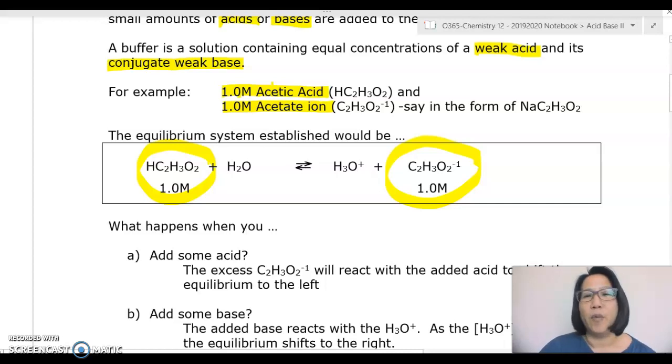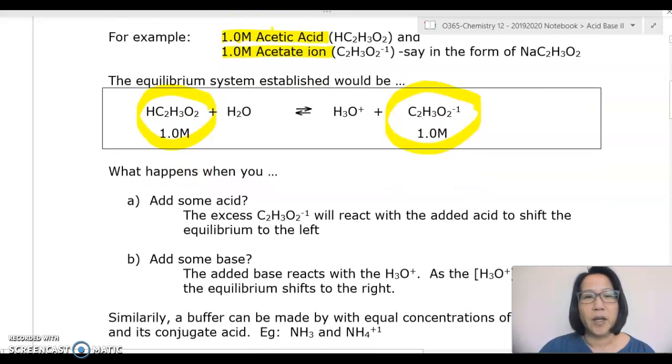It's important that we have approximately equal concentrations so that we have enough so that the system is not overwhelmed and cannot do its job. So what is going on with this equilibrium system when a little bit of an acid or a little bit of a base is added?